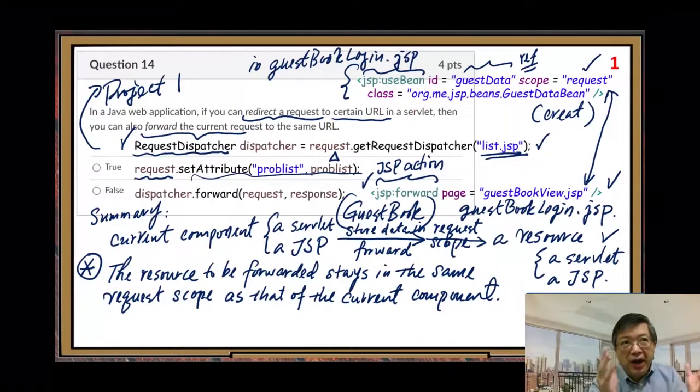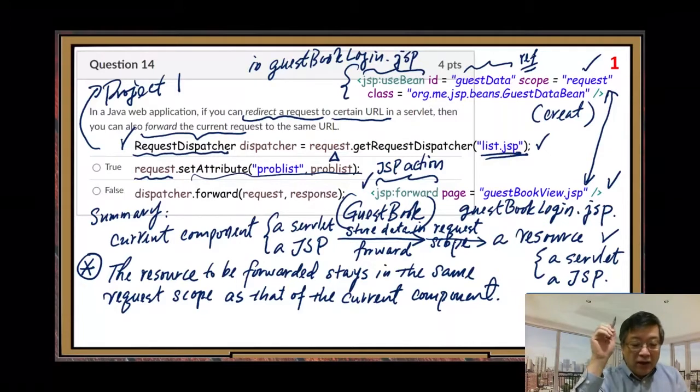So here you can see the reason we do the forwarding: later, when we get to that resource, we can retrieve data from the request scope and use it. Otherwise, you cannot use the data stored in the request scope. So that's the key.